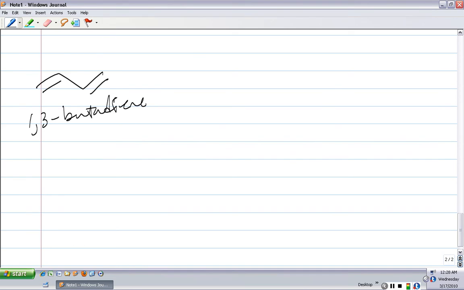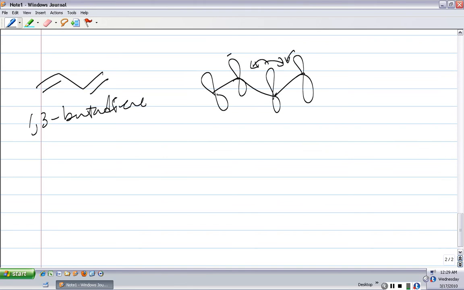The first question I'm going to ask is, how many interacting p orbitals do I have? Because that dictates the number of orbitals I end up with. So really, in 1,3-butadiene, I've got a pi bond here, I've got a pi bond here, and since these can overlap sideways in this direction, they can also overlap sideways in that direction.